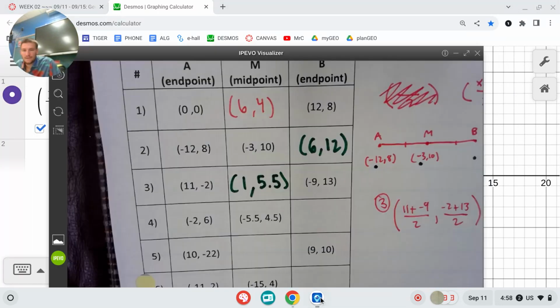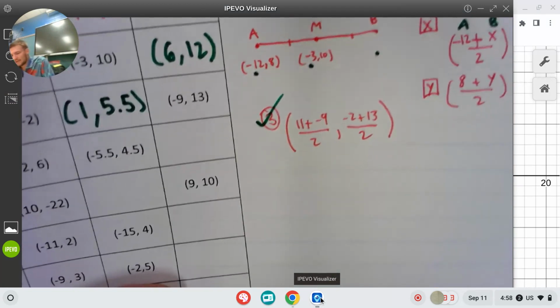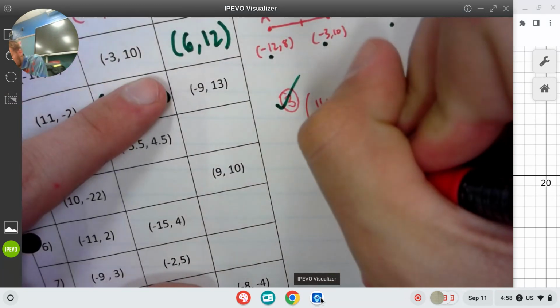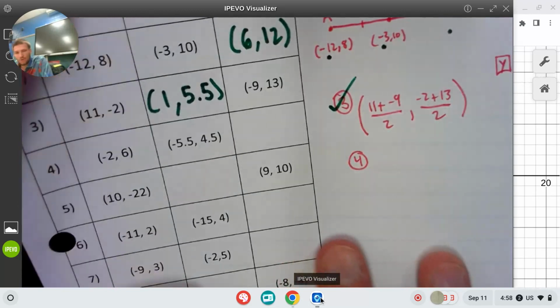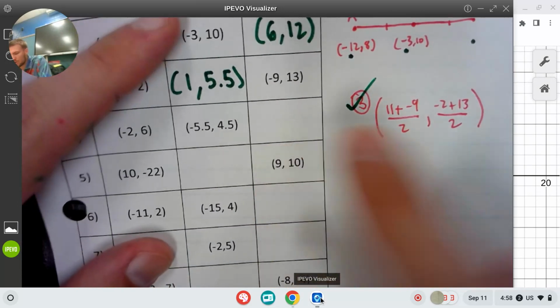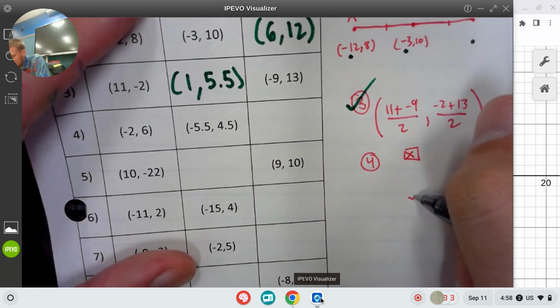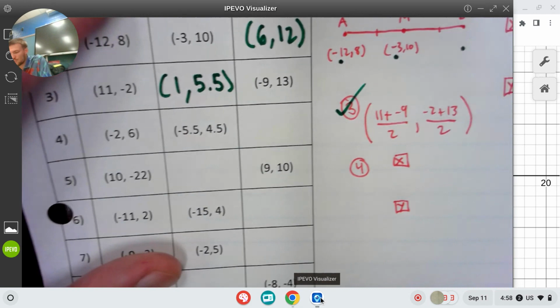Okay. 3's looking good. Let's check out our next question, number 4. Question number 4 is one of these endpoint missing questions. And so for these endpoint missing questions, I'm going to set myself up where I need to find the x and the y.